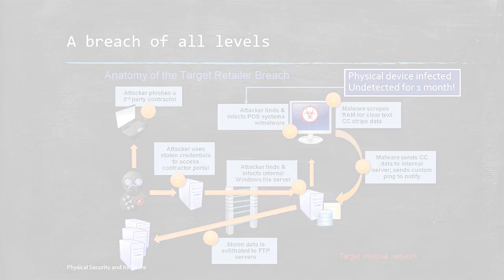The stolen data is exfiltrated to a file transfer protocol server, and you have all the information ready for doing a breach. So this mechanism helps in taking all the card information from a retail outlet. This is possible in any area. That's the quick thought.